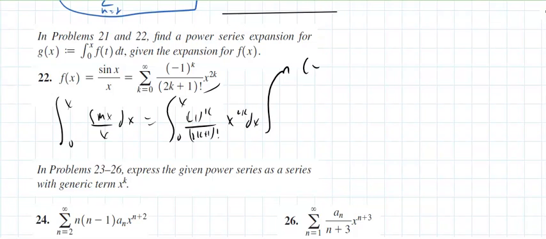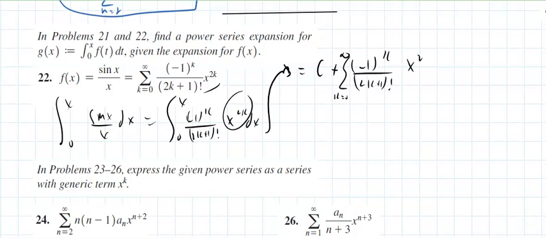We say that is c plus negative 1 to the k over 2k plus 1 is a constant. Add 1 to the power and divide by that.